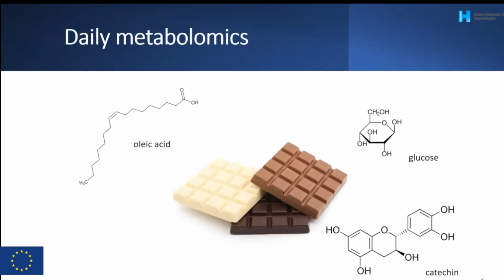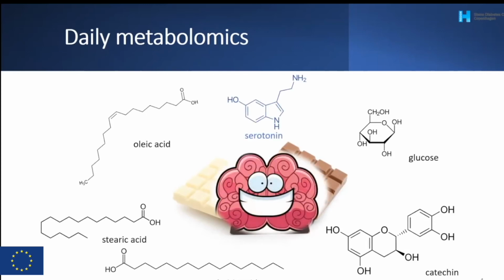There are different types of molecules with many different structures and masses. And not only does the chocolate we eat give molecules to the body, but there is also the response from the body itself: let's say we're getting happy, the serotonin levels are increasing.